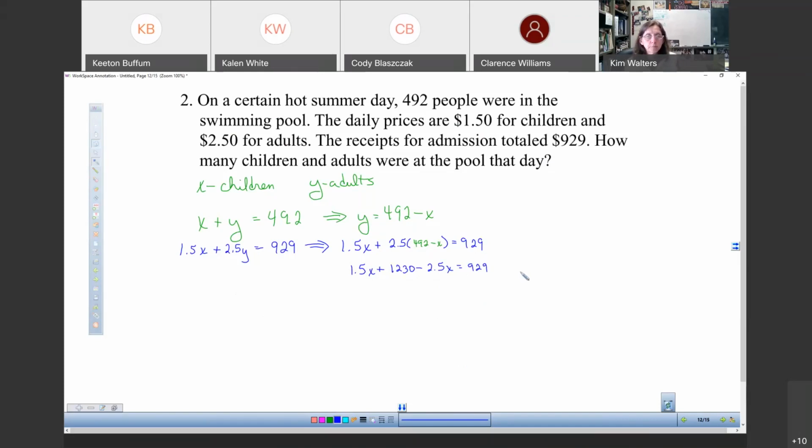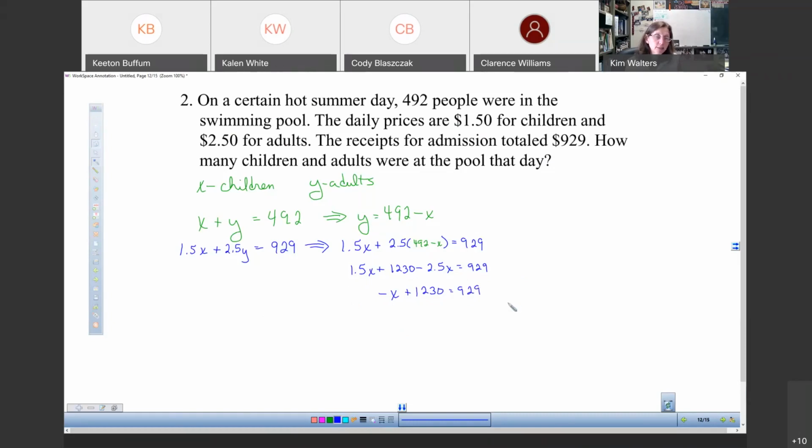So far, so good. Simplifying 1.5 minus 2.5 is negative 1x plus 1230 is equal to 929.